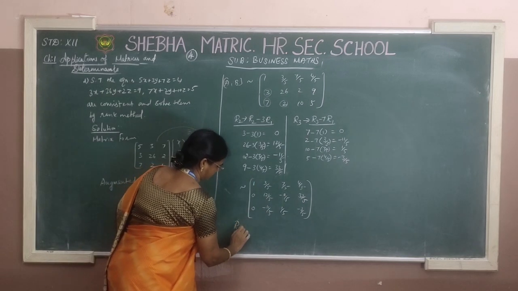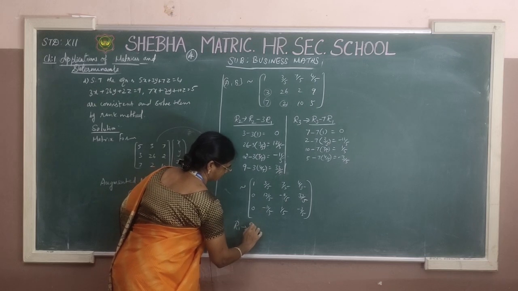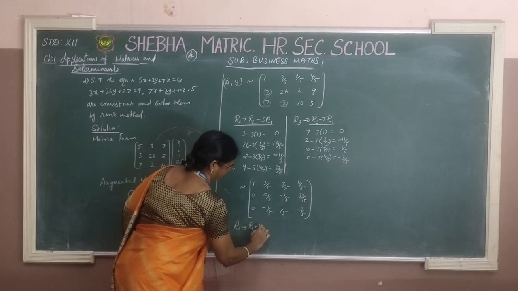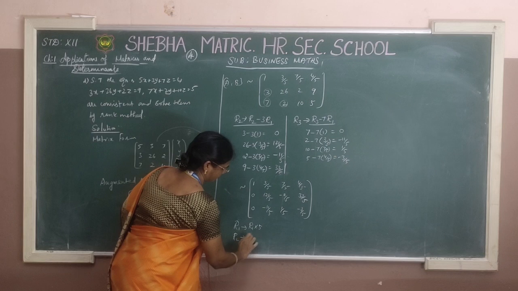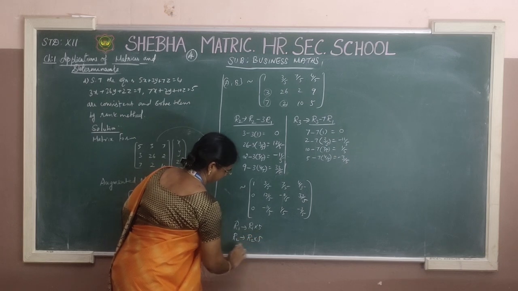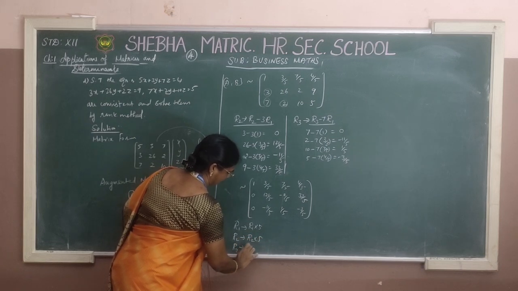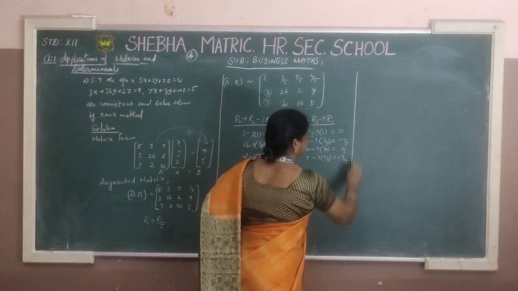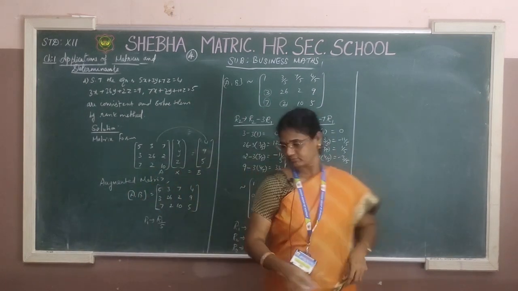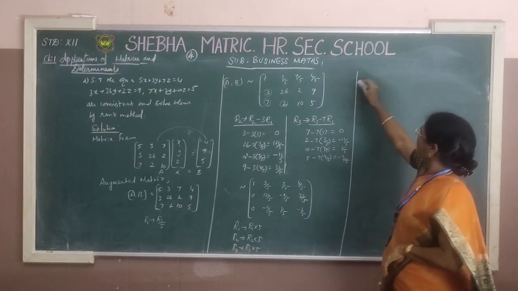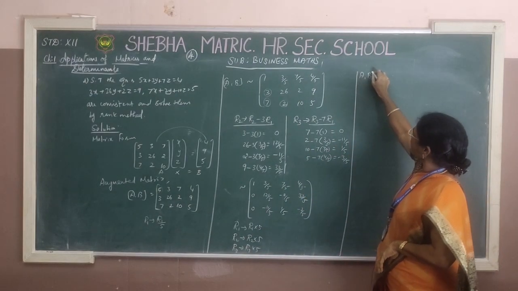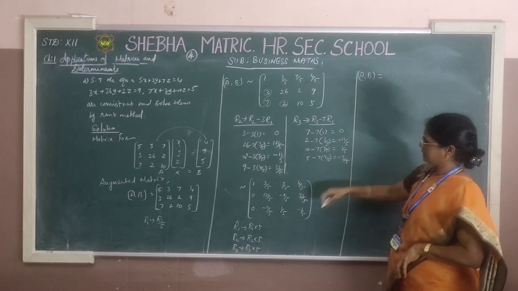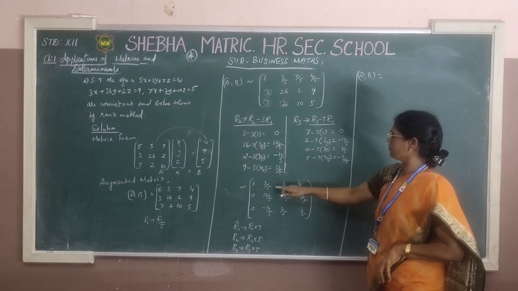So R1 gives R1 into 5, R2 gives R2 into 5, R3 gives R3 into 5. So our augmented matrix AB becomes, listen, if you multiply the first row by 5 what do we get?